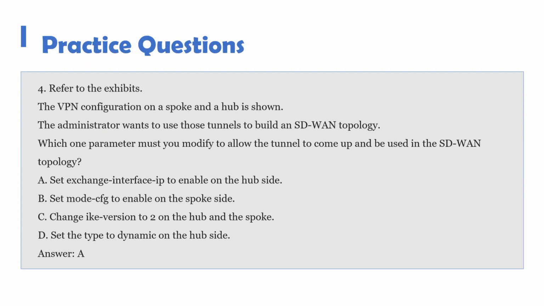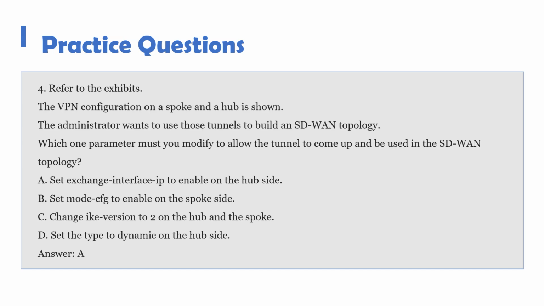4. Refer to the exhibits. The VPN configuration on a spoke and a hub is shown. The administrator wants to use those tunnels to build an SD-WAN topology. Which one parameter must you modify to allow the tunnel to come up and be used in the SD-WAN topology?